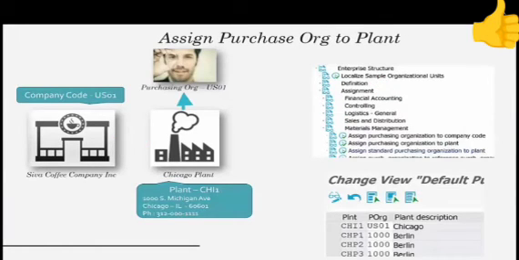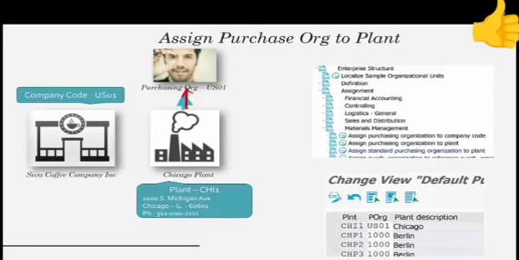The next thing is to assign a purchase org to a plant. Now, a purchase org can be assigned in a variety of ways. Don't worry about all the different variations of assigning a purchase org. There are cross-company purchases, there are cross-plant purchases, there are many scenarios. We'll get to it at a later point.